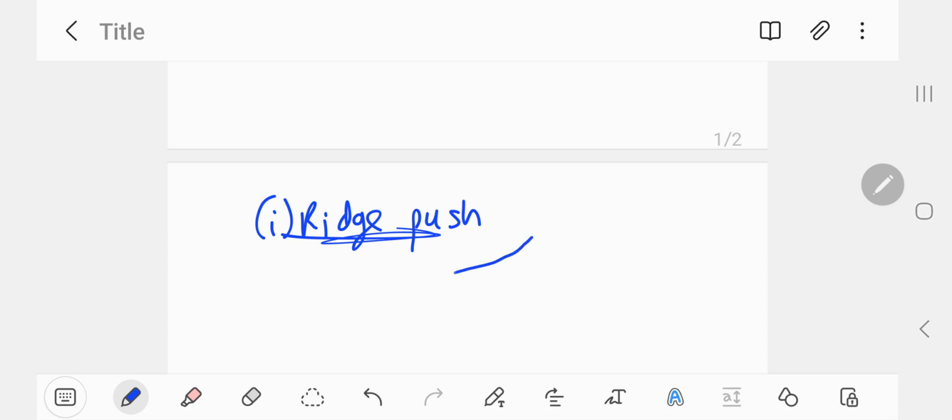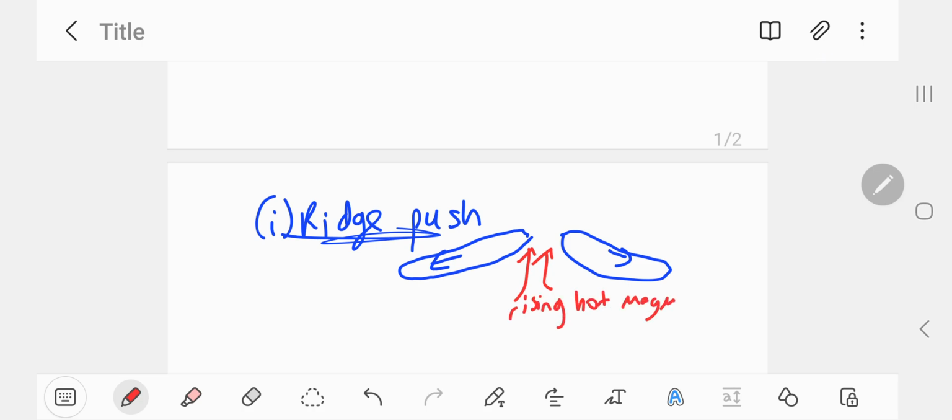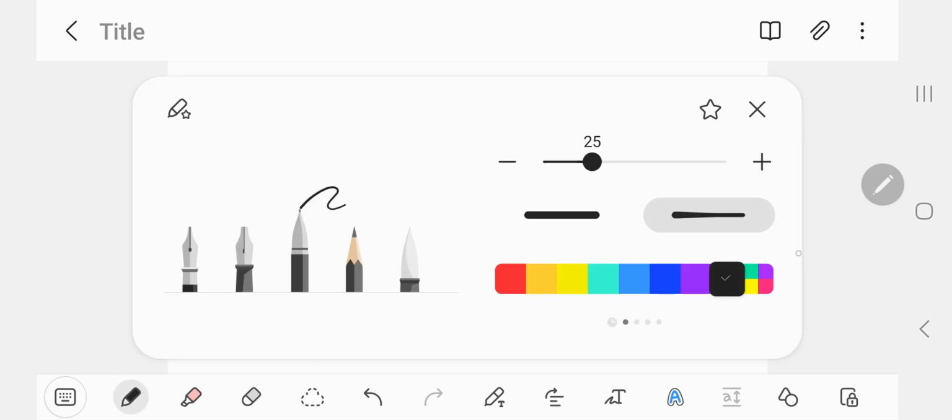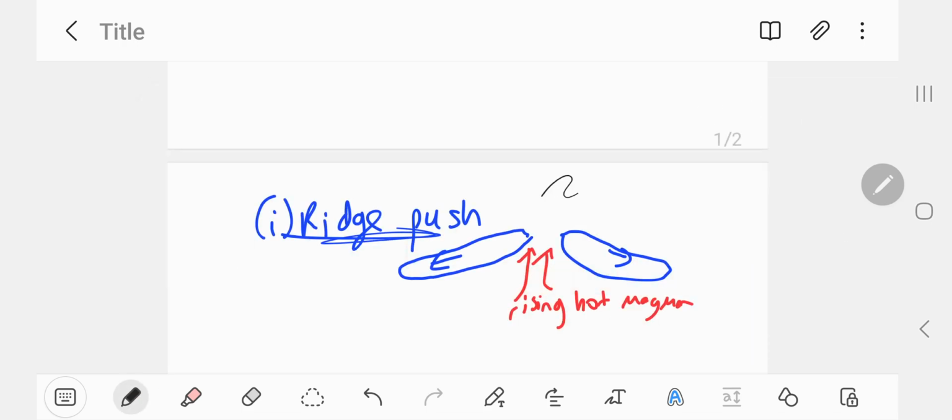Okay, back to our picture here. Let's suppose we've got two oceanic plates here that are moving apart because you've got rising hot magma, and this occurs when the region of a rift, so a crack along the ridge, let's say that's the ridge, is lifted up and the mass of the ridge pushes sideways, right?